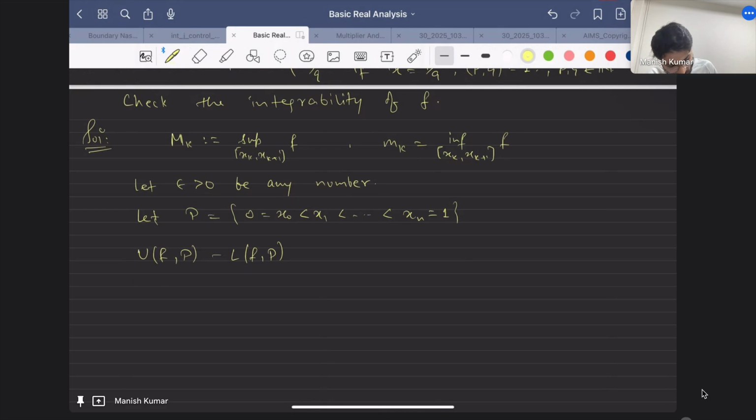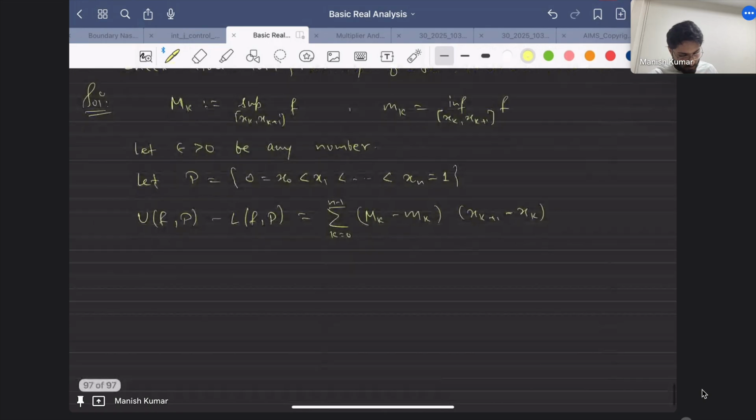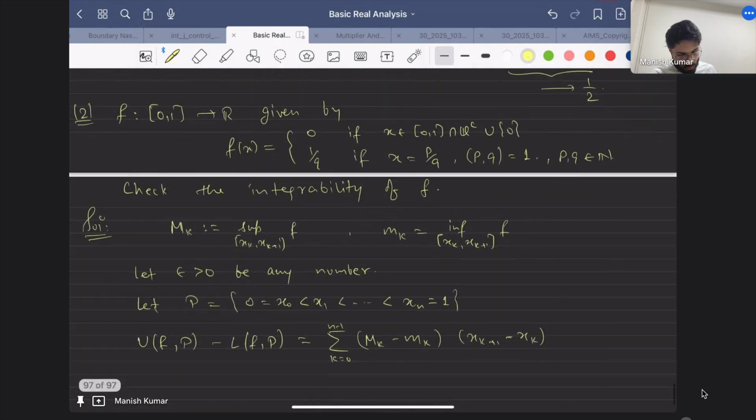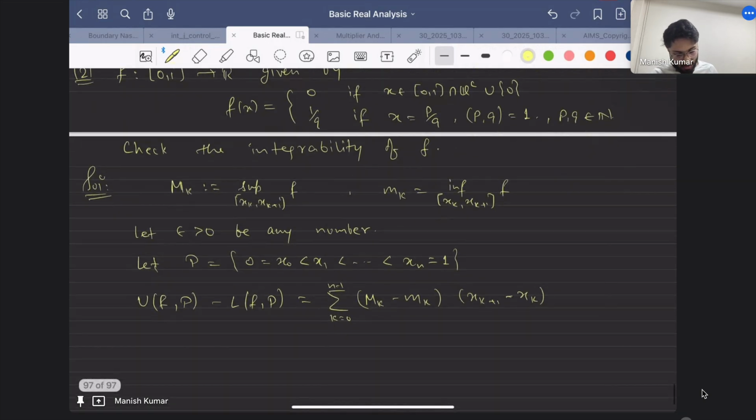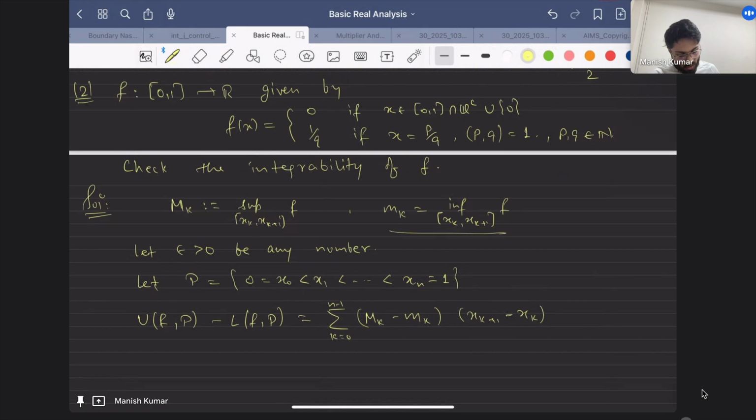This is nothing but the summation, k from 0 to n minus 1, of Mk times xk plus 1 minus xk, minus the lower sum term. You can clearly see that the lower sum is always going to be 0.